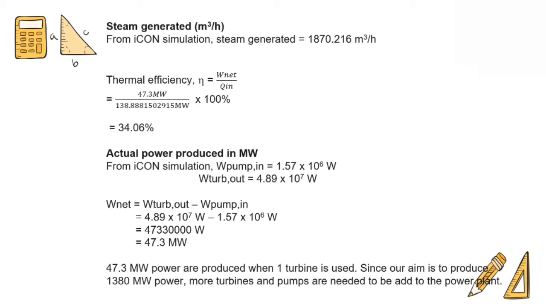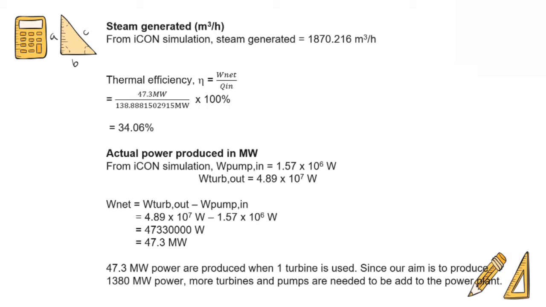Next, we calculated the power produced by this power plant. In order to calculate the power produced, we use the values that we obtained from our ICON, which is the power entering the pump and also exiting the turbine. By subtracting both of the values, we managed to get that the power produced by this power plant is equal to 47.3 megawatt.